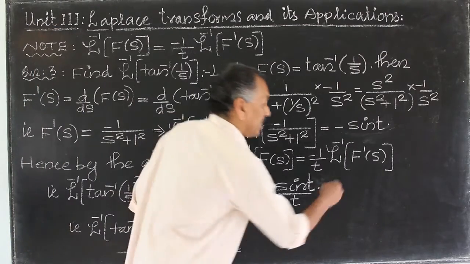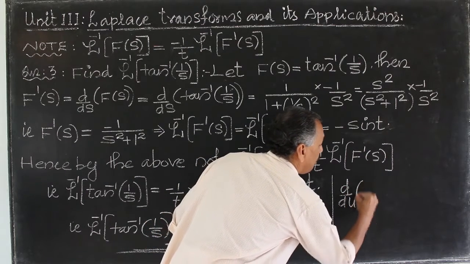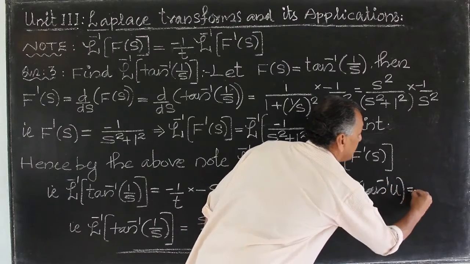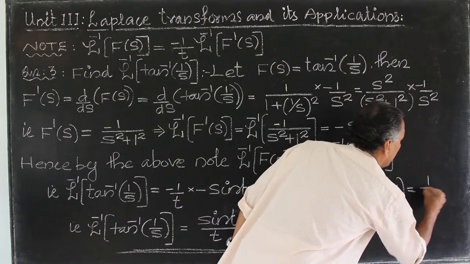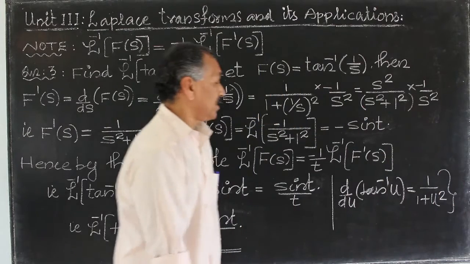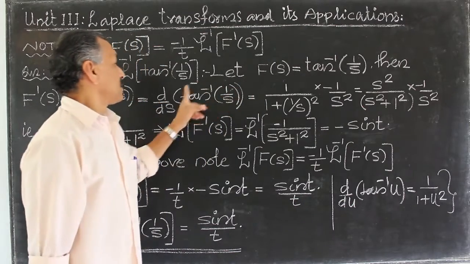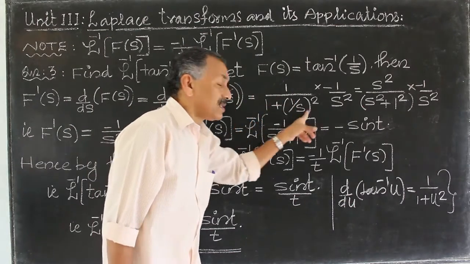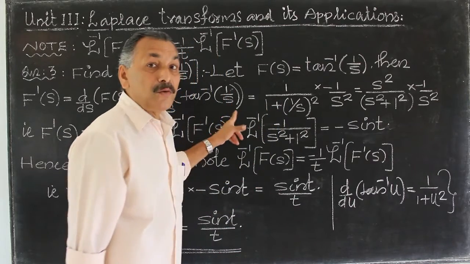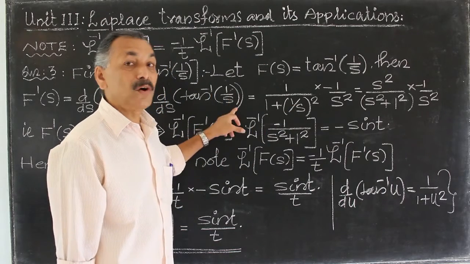So the derivative of tan inverse u with respect to u is 1 divided by 1 plus u square. Here u is 1 by s, so the derivative of tan inverse of 1 by s is 1 divided by 1 plus (1 by s) square, into the derivative of u.